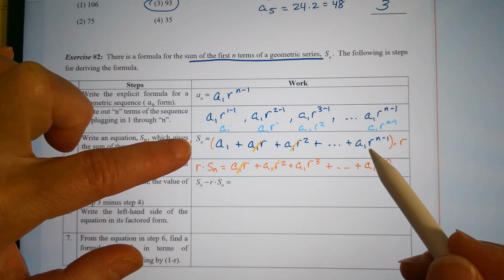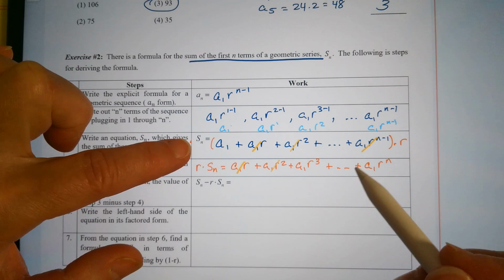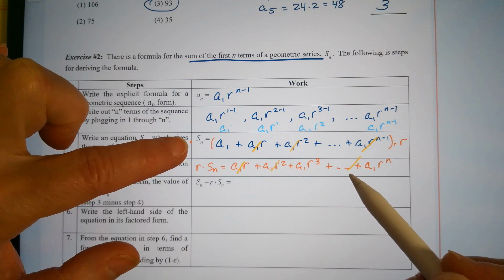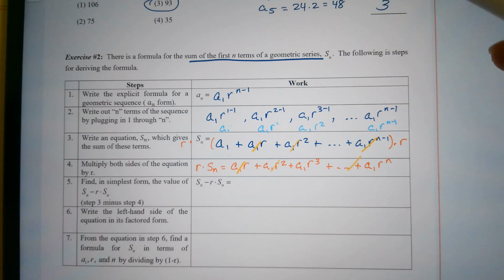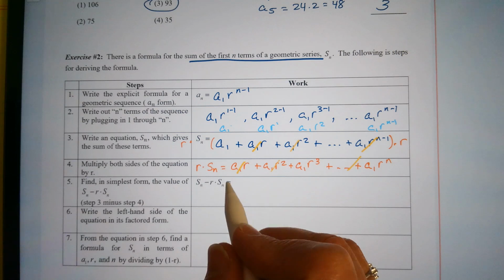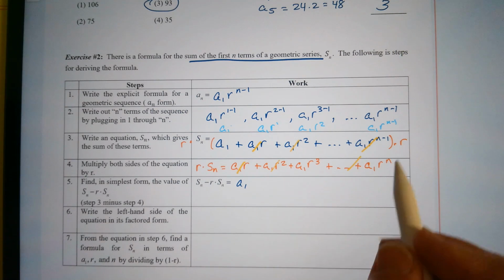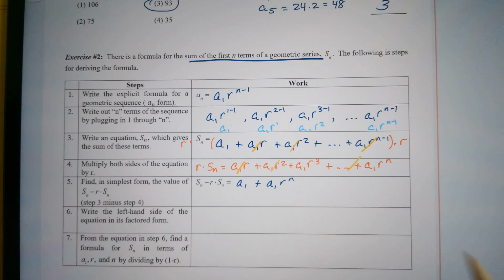And a sub 1 r to the n minus 1 will subtract out the one before it. So this is what we are left with: a sub 1 plus a sub 1 r to the n.